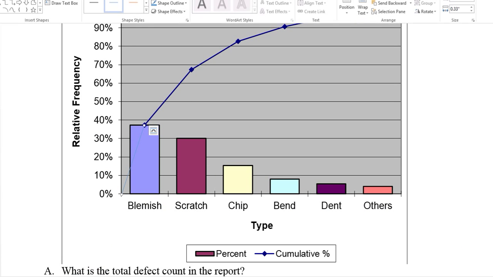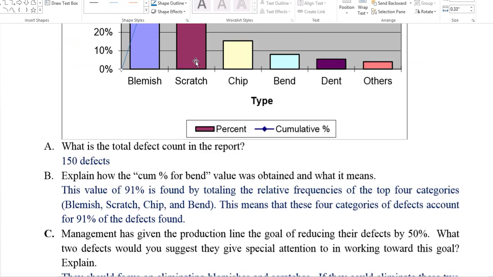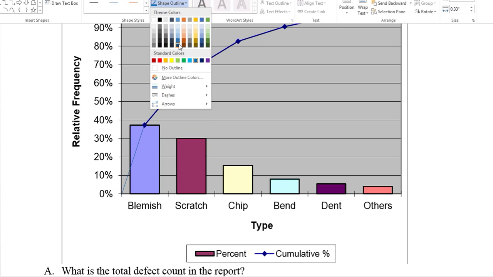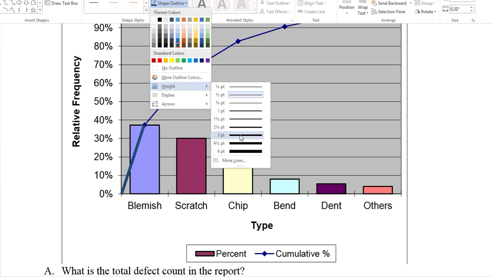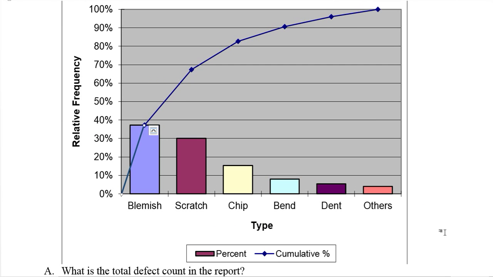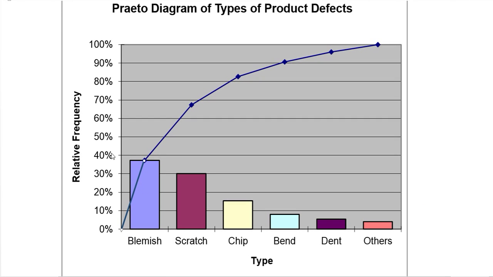Okay, let's format that a little bit so you can see it better. Okay, so I like my line to always start at 0 and go up to 100%. So there we have it. A good Pareto diagram.